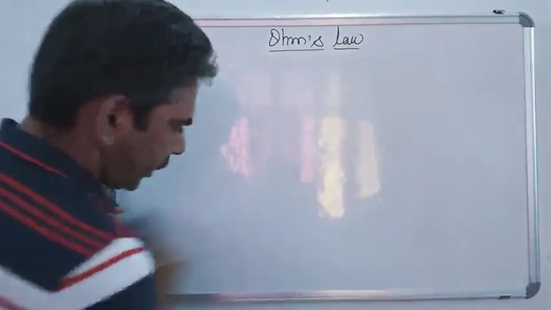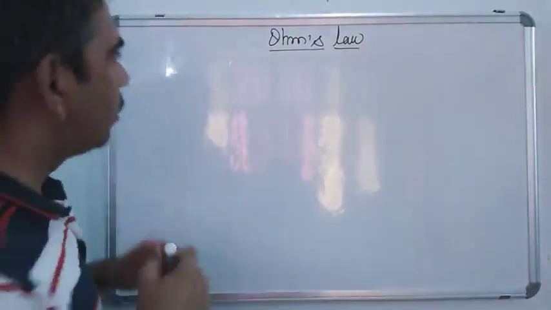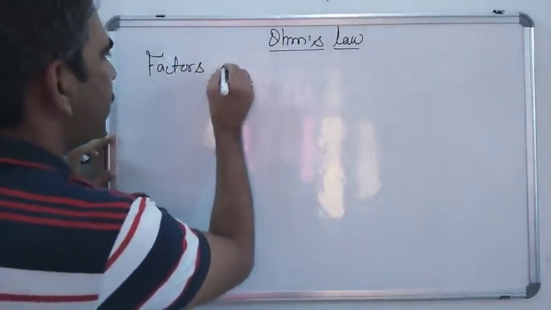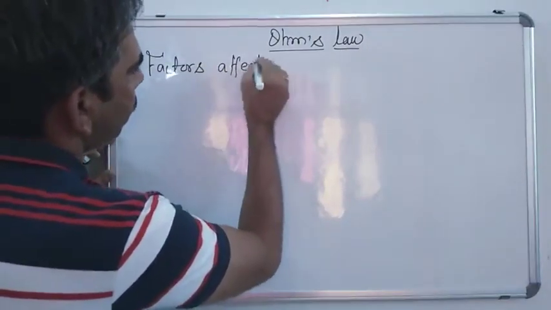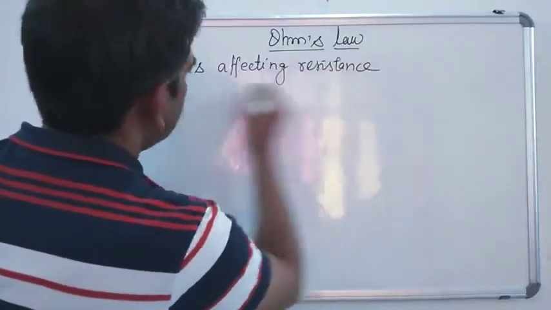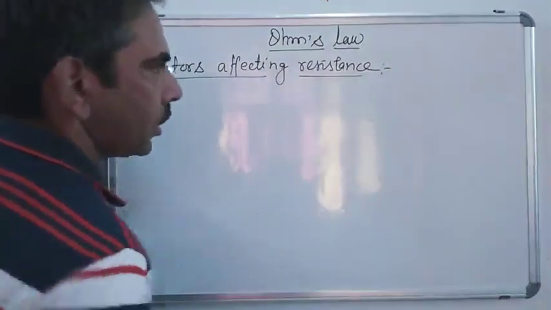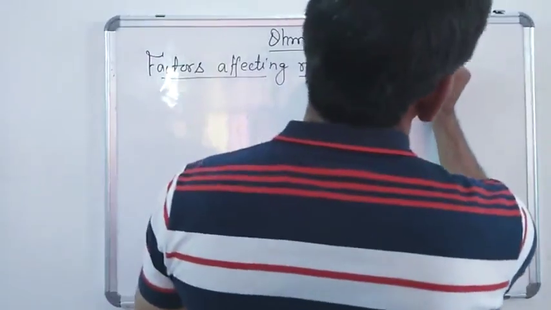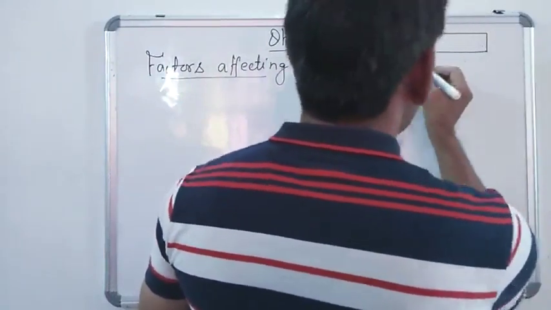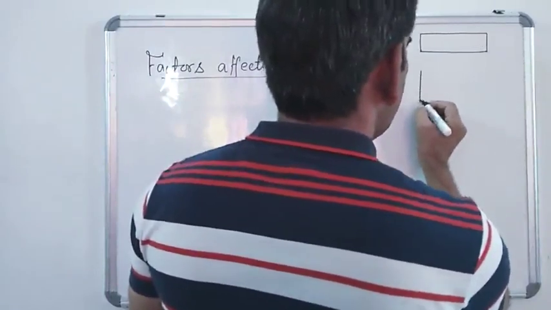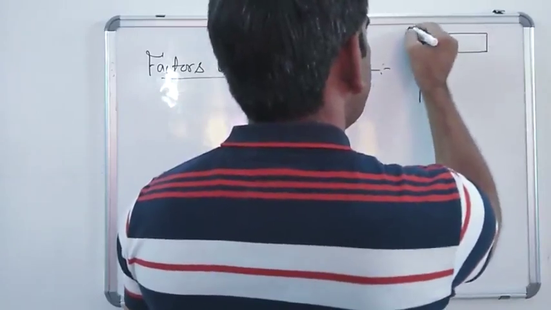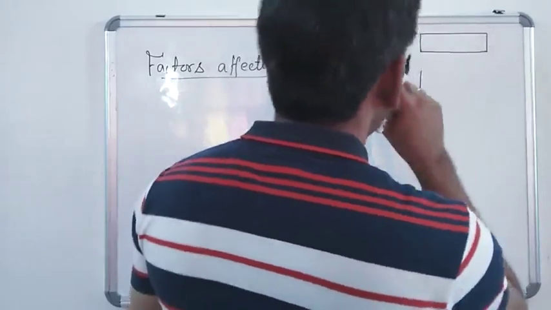So the very first factor, so we are discussing the factors affecting the resistance of the conductor. Suppose that we have this conductor and another conductor here. This conductor is of some particular material and it has area of cross section A and length L.